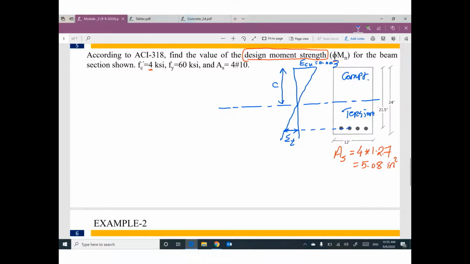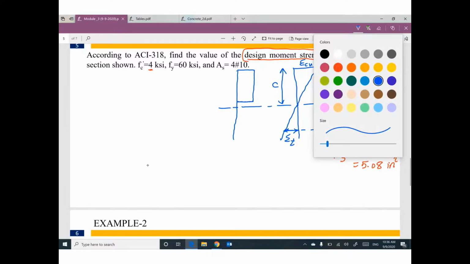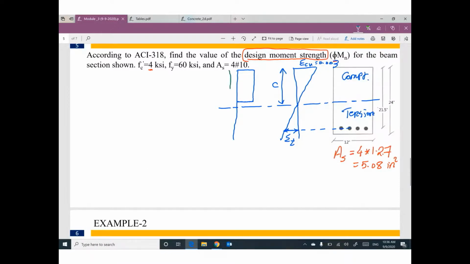This neutral axis has a depth equal to c. We have a stress distribution, but at the upper part it's a constant stress distribution, a little bit behind the neutral axis, with depth equal to a. And this value equals 0.85 f'c.